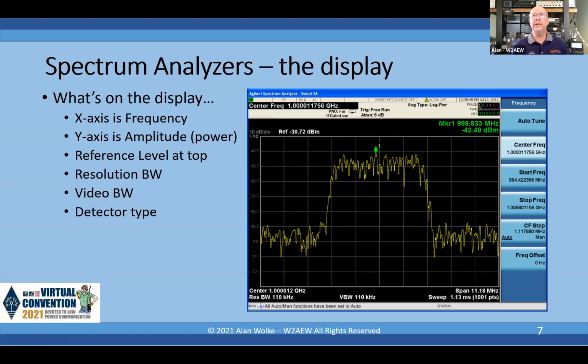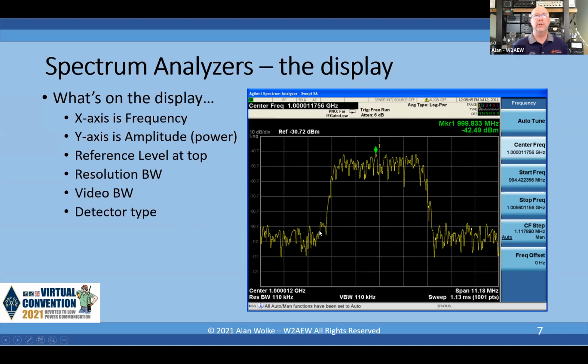And also the detector type. You can see up here, the detector type that's shown here is log power. Typically the detector type is going to be an average detector, or a sample detector, or maybe a positive peak detector, which are probably the most common ones that you'll use. It's almost like how your S meter is reading.